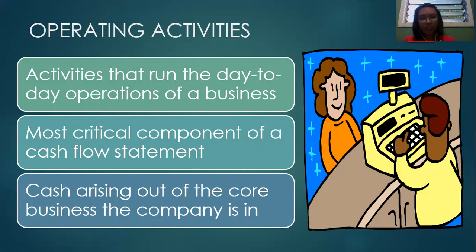Payment for the salaries of your employees falls under operating activities since it's also an expense. What else? Payment of advertisements, still under operating activities. So it is indicated here that these are the cash flows arising out of the core business the company is in.